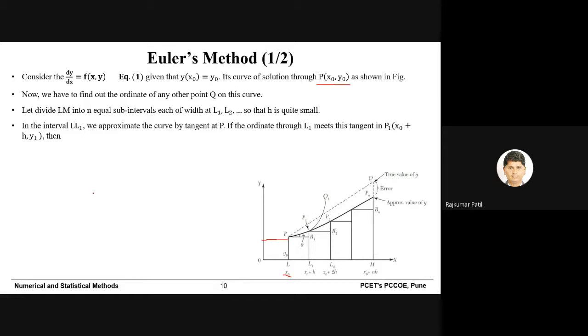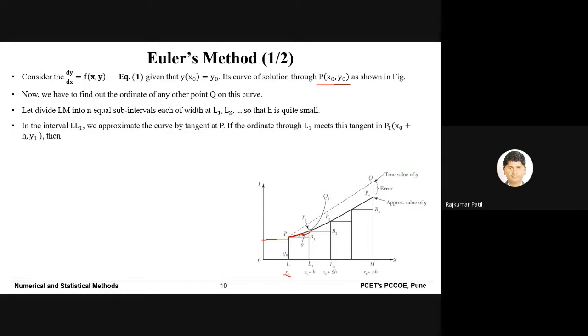Then we draw a tangent from point P to the curve PQ, and that particular tangent will intersect the ordinate through L1 at point P1.